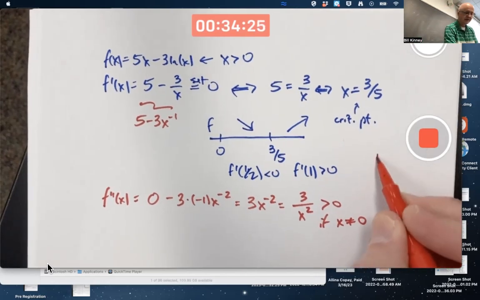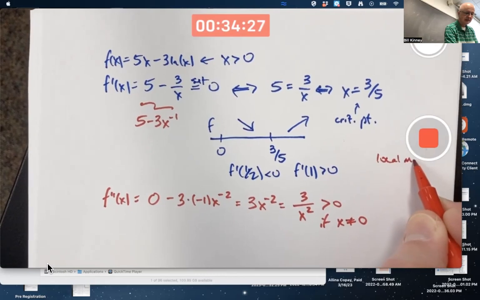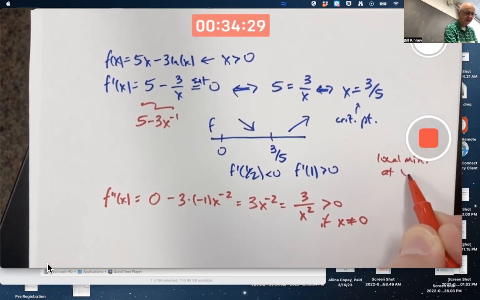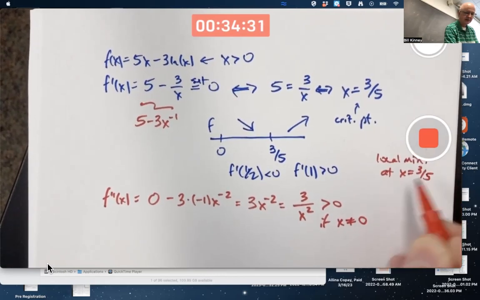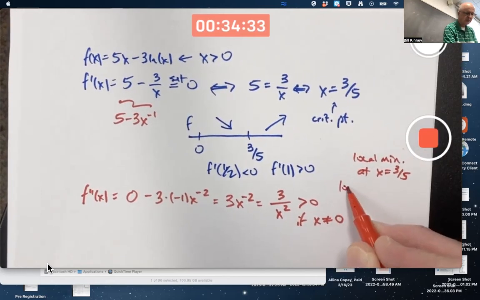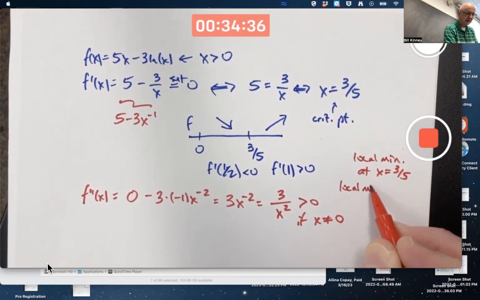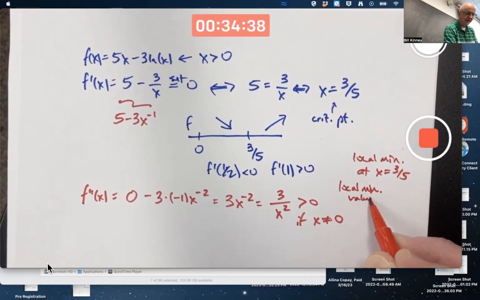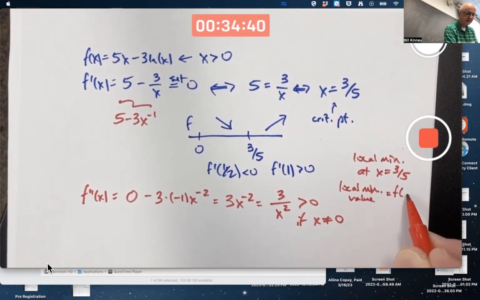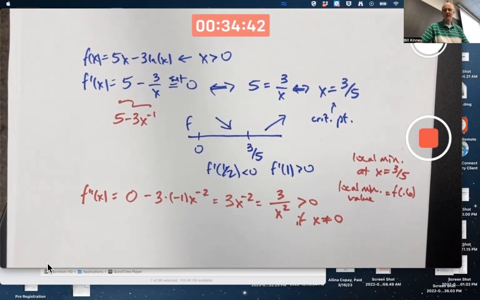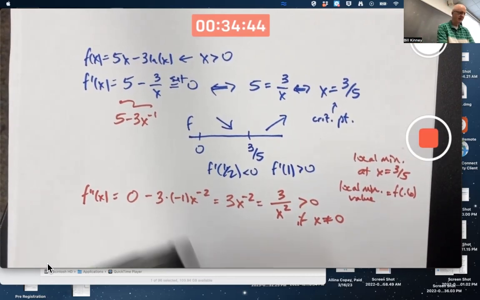There is a local min at x equals 3/5. The local min value would be f of 3/5, f of 0.6. So there's a logarithm involved, so that's not so simple to figure out.